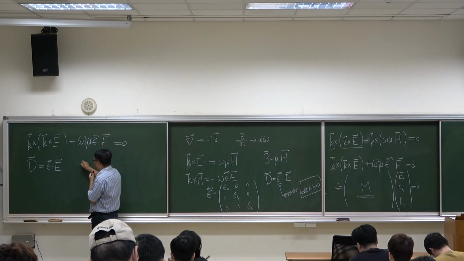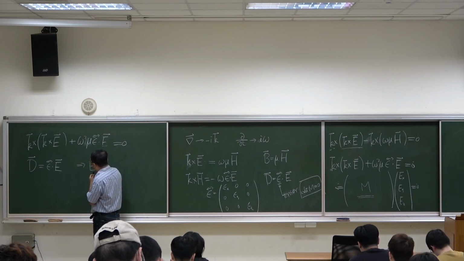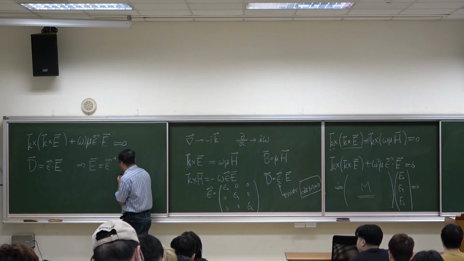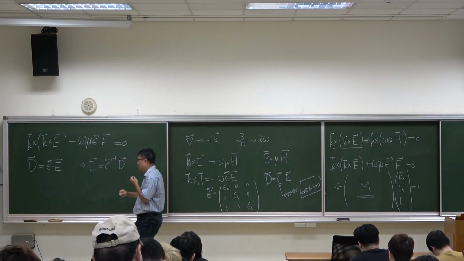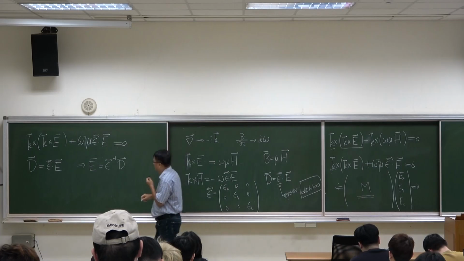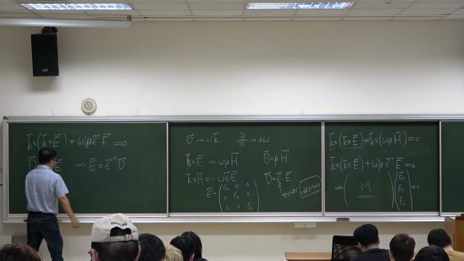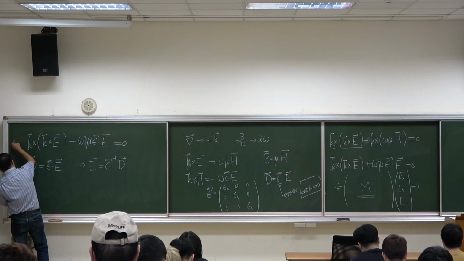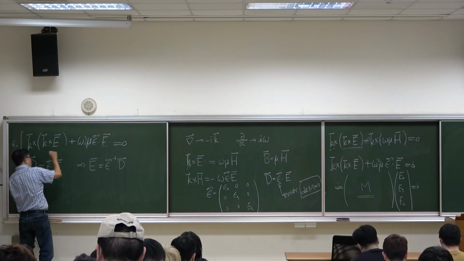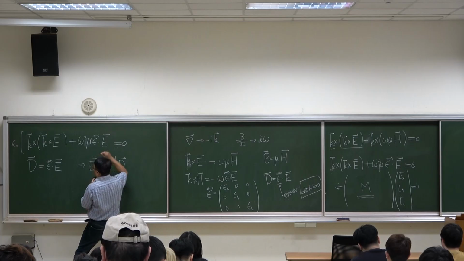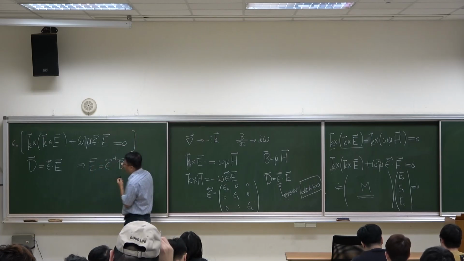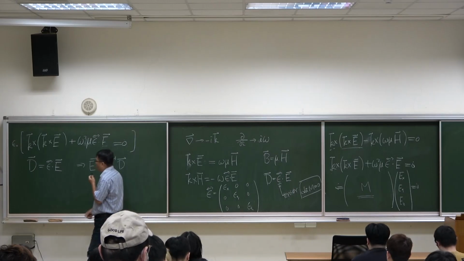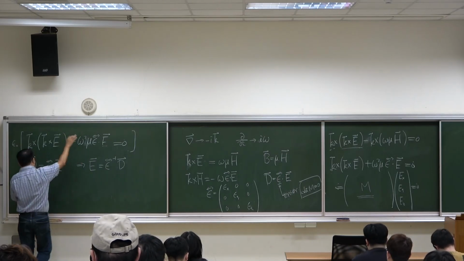So if we want to know E, it can be written as epsilon inverse times D. Okay? So now I multiply epsilon 0, the permittivity of vacuum, to this equation.